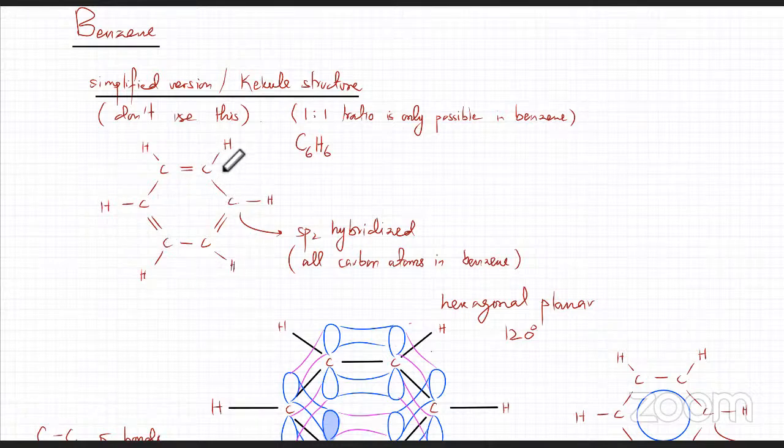Carbon in a hexagonal ring structure makes three alternating double bonds. Since carbon is making a double bond, it is sp2 hybridized. So all carbon atoms in benzene are sp2 hybridized. The carbon-hydrogen ratio is 1:1, as in C6H6. One way to identify a benzene from its formula is when you have a very low carbon-hydrogen ratio, which indicates that it's a benzene.